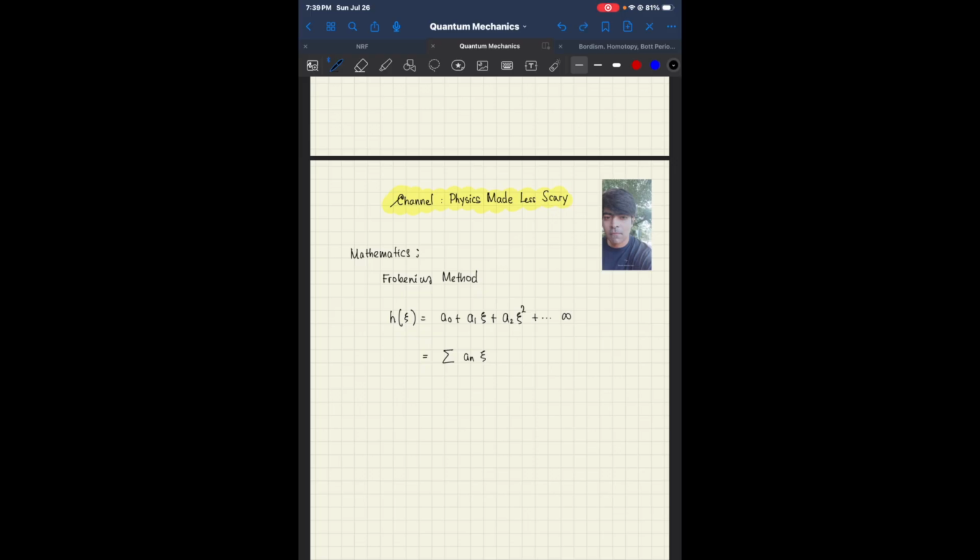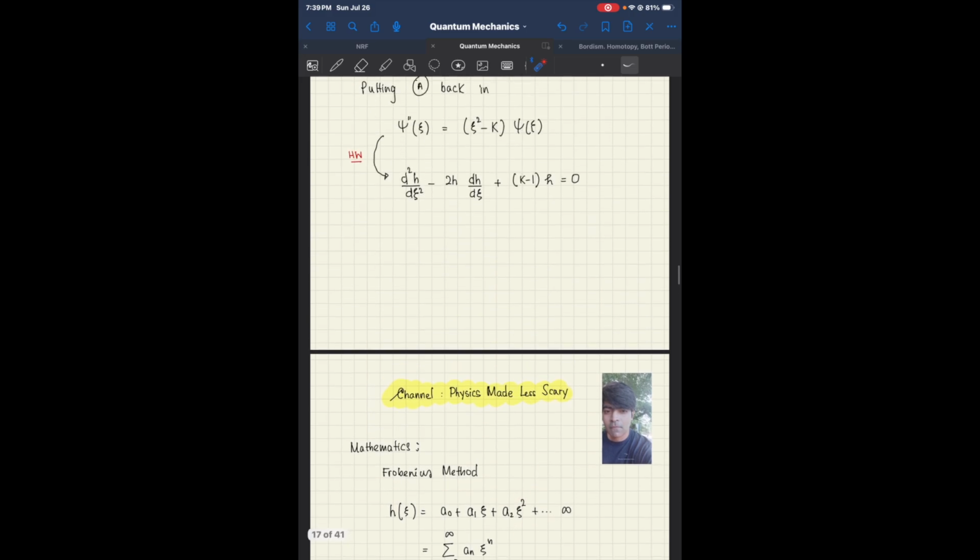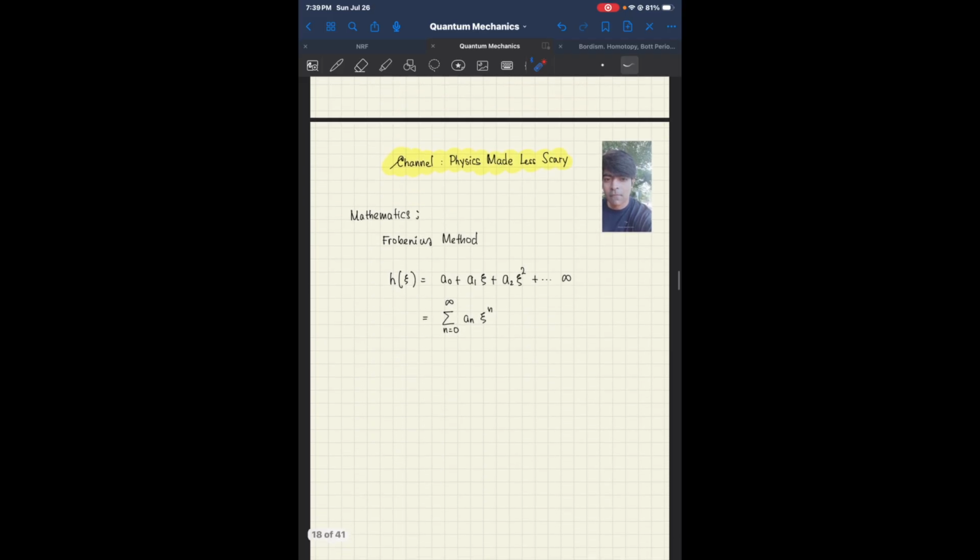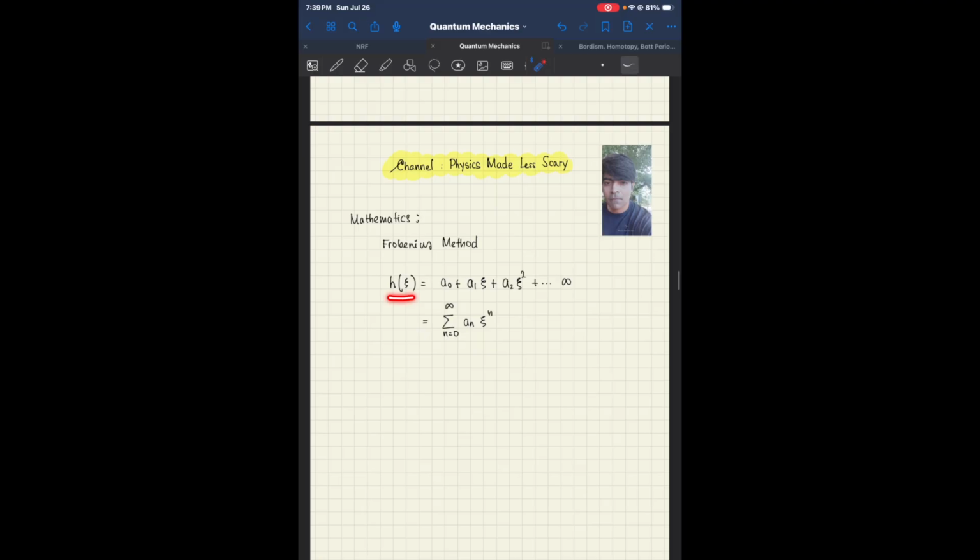This method is called the Frobenius method, and it's one of the standard ways of solving differential equations, in this particular case, this differential equation. You imagine that your h has a power series expansion of this kind.